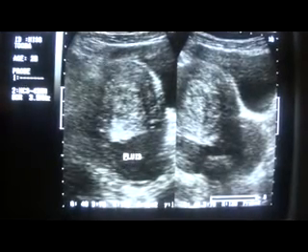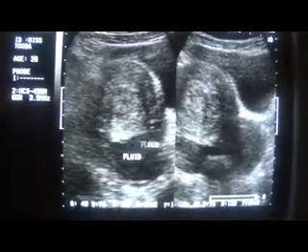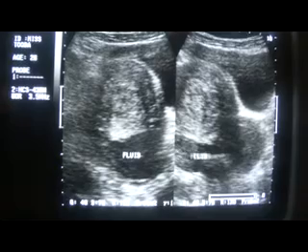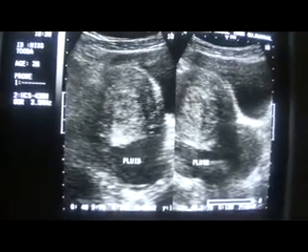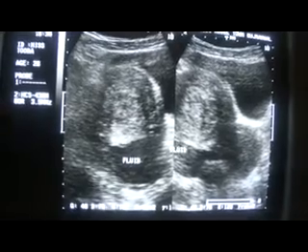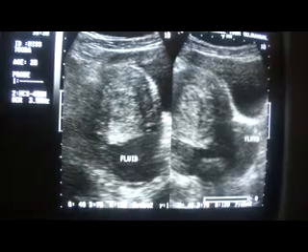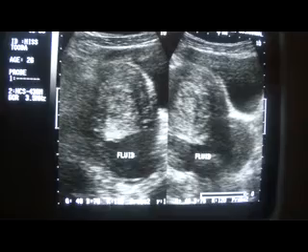This is the urine. This is the urinary bladder. This is the uterus. This is the endometrial canal. And this is the fluid pocket, posterior to the uterus, extending into the region of the left adnexa, with echoes in it.